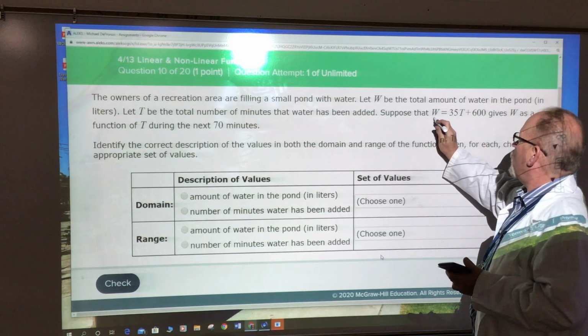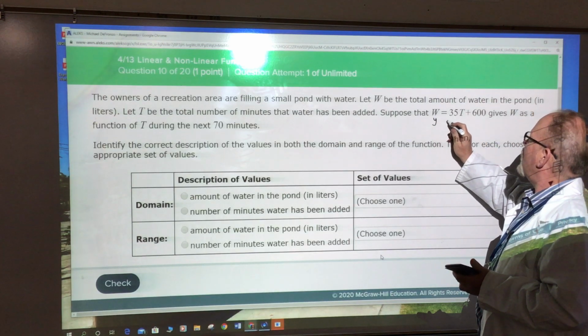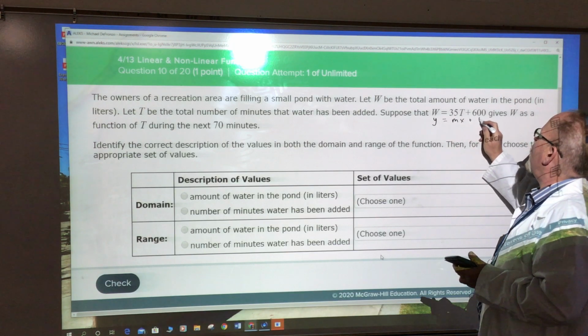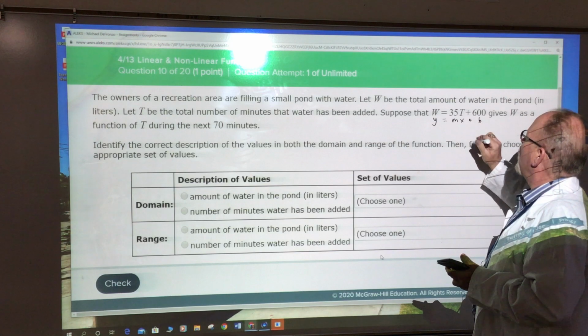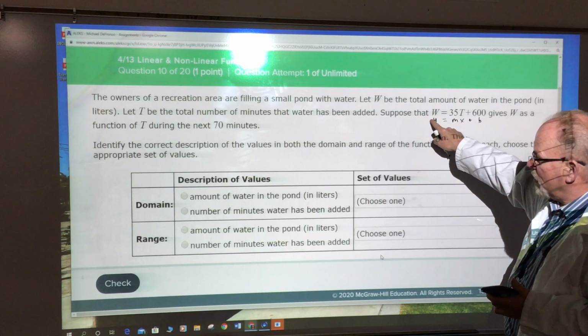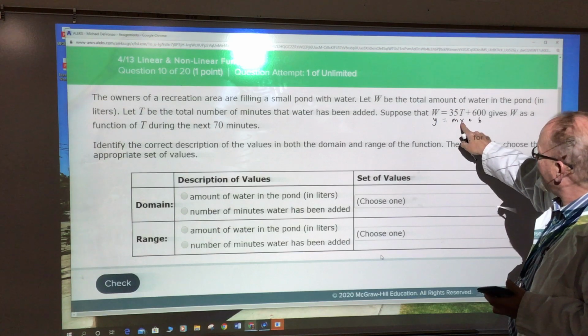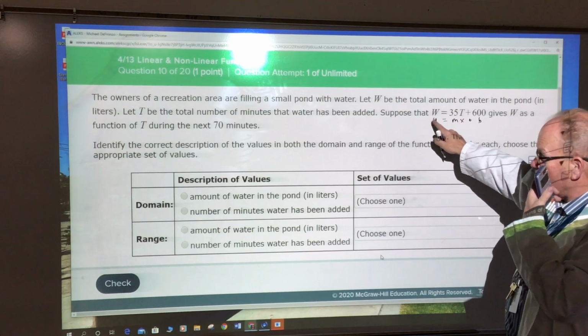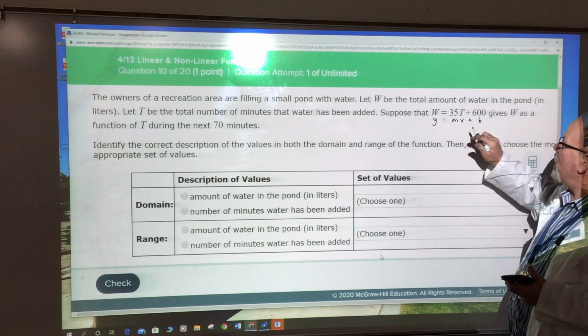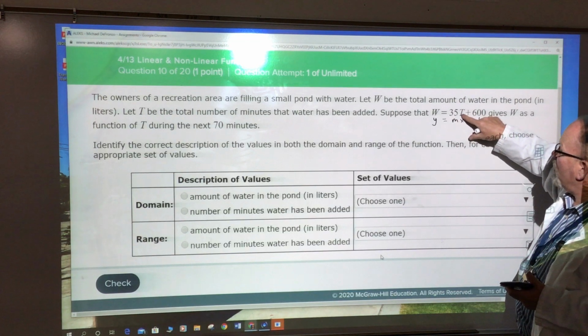W equals, notice that's very much like y equals mx plus b, right? Notice, x is independent, y is dependent. X is the domain, y is the range.